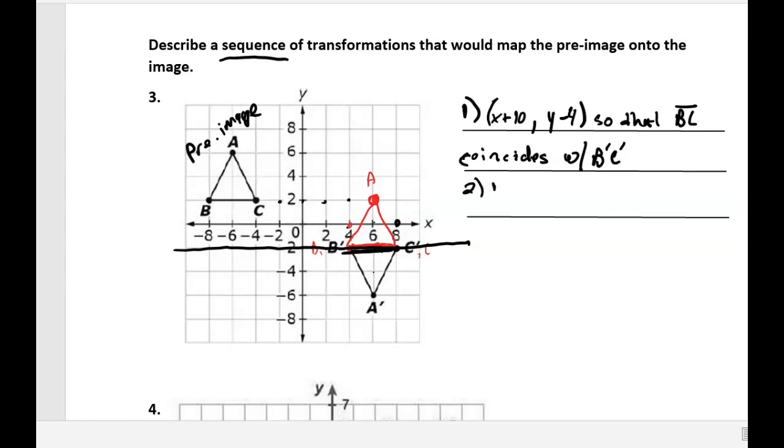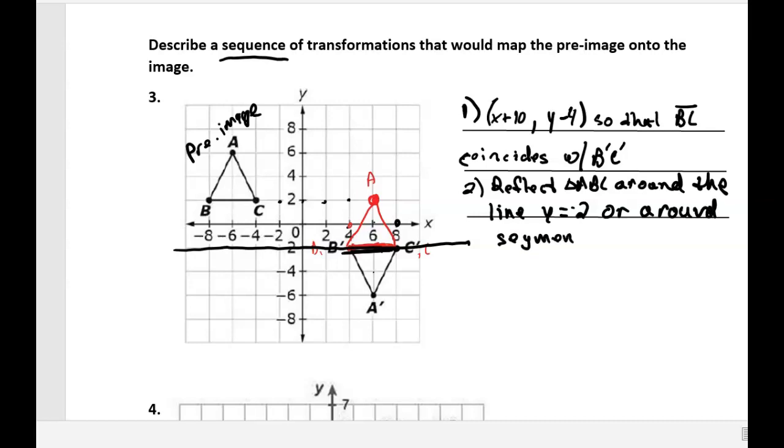So what we would do is say that we would reflect triangle ABC around the line y equals 2 or -2. We also could say or around the segment B prime, C prime.